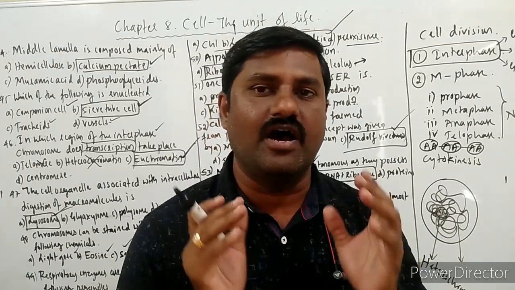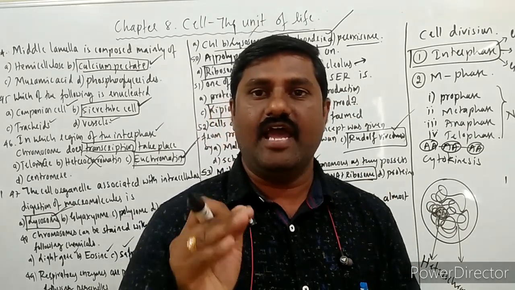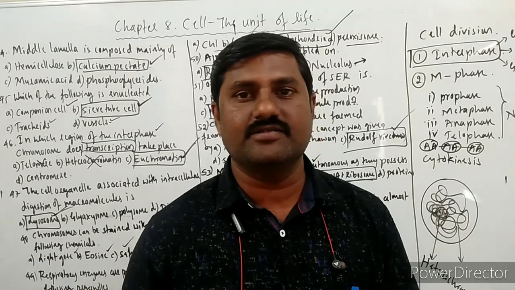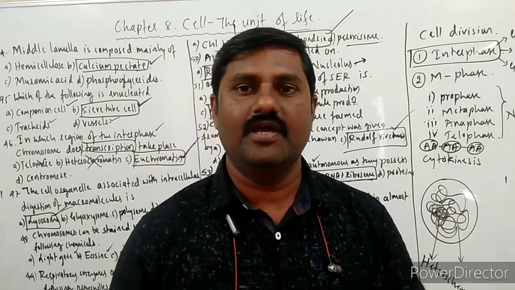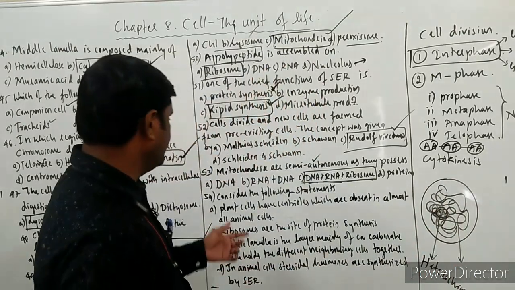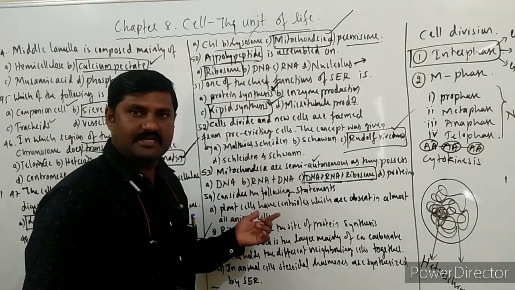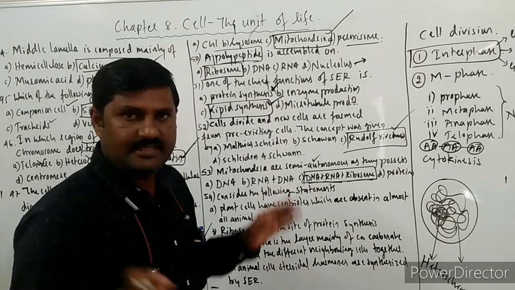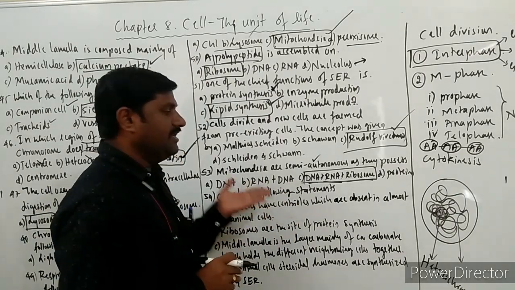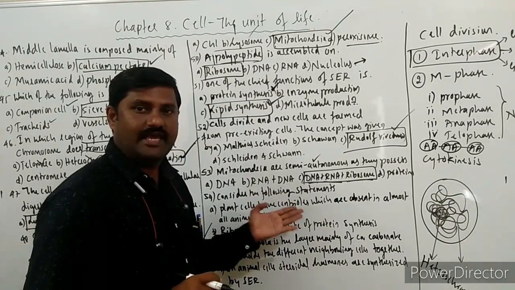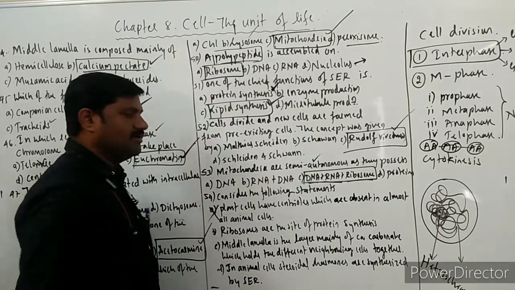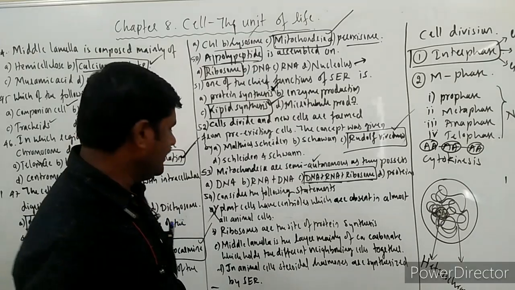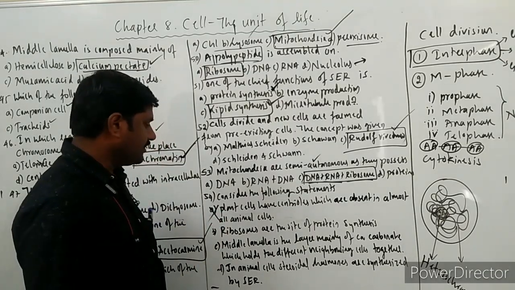Centrioles are confined only to animal cells, though in lower plants these centrioles are present. I have already mentioned that, but since only the plant cell is given, plant cells do not have centrioles. That's why the statement is wrong. So option A is not the correct statement here. It is the wrong statement.